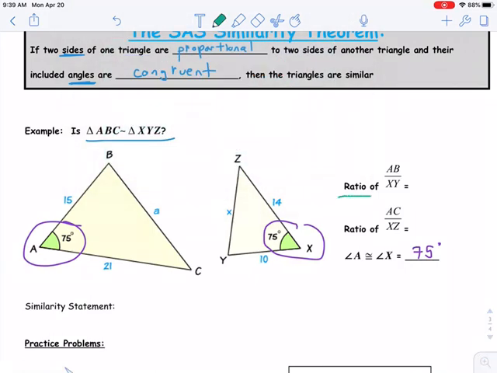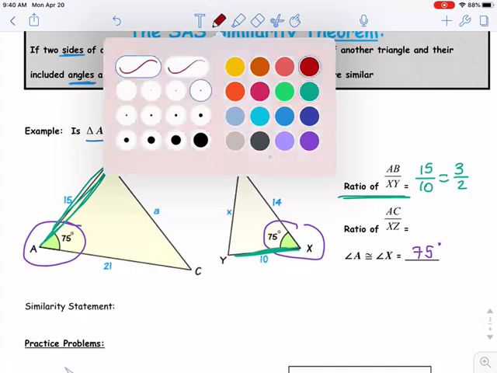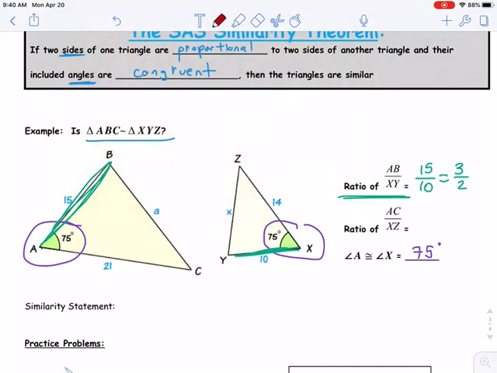Now AB is 15. XY is 10. Those are the corresponding sides. 15 over 10 reduces to 3 over 2. And then AC over XZ is 21 over 14, which simplifies to 3 over 2.